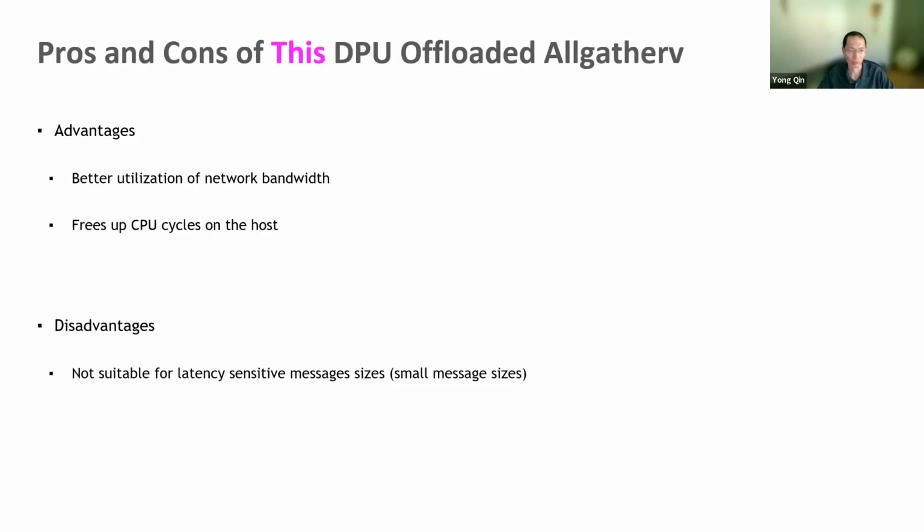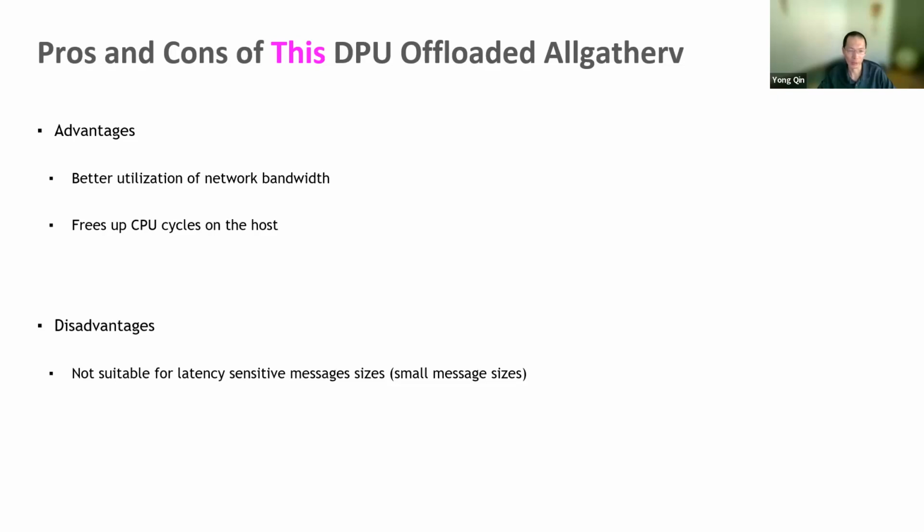However, there are also some disadvantages with doing the DPU offload of collectives, which is for latency-sensitive message sizes, such as very small message sizes. In that case, we are talking about latency-bound communication, and because of all the overheads that we have introduced related to offloading to the DPU, like for example, you saw that we have to send a host write message to the DPU, then send a message back from the DPU, and also send multiple ACK messages around.